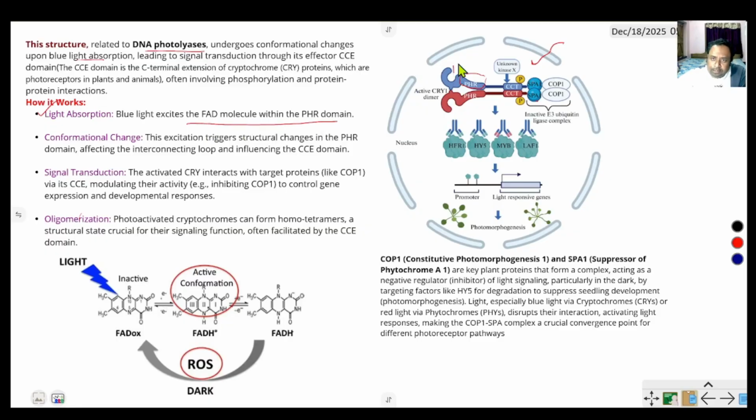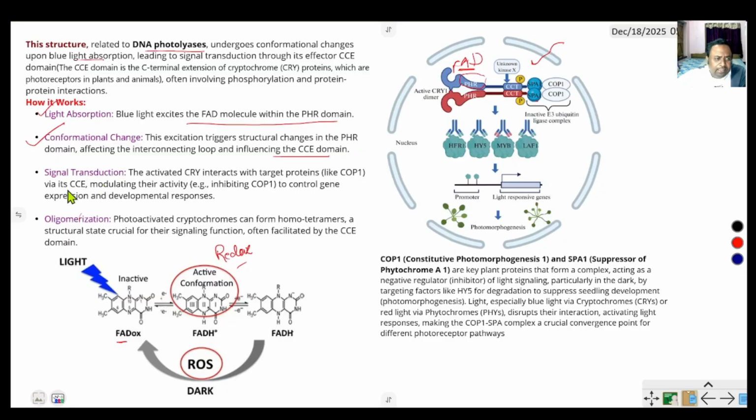The FAD present here, when light is absorbed, goes from the oxidized condition to the reduced, redox condition and changes its conformation. Then conformational changes occur and trigger the structure of the PHR domain, affecting the interconnecting loop and influencing the CCT domain. Then the CCT domain is activated.